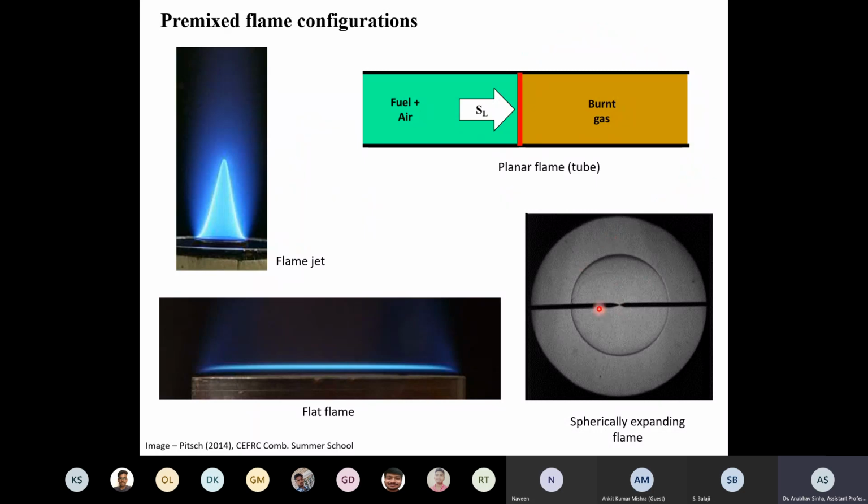There is no problem in burning. But if I fill this completely with methane, no air, no oxygen, will it burn? It won't burn until we inject some oxygen from somewhere. So if I have a closed vessel and fill it completely with fuel, it will not burn. But that is how we form a diffusion flame.